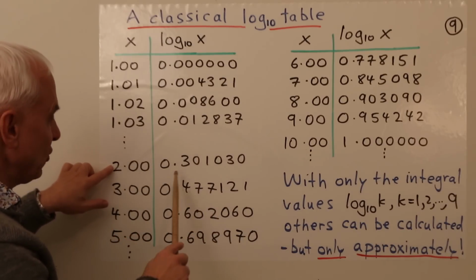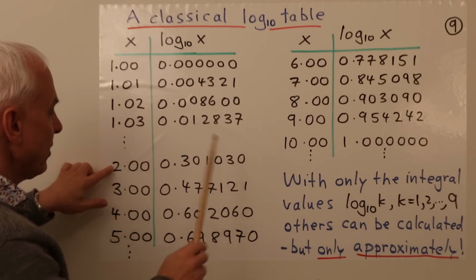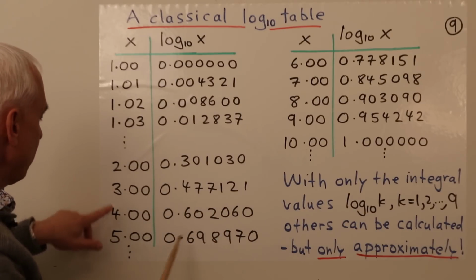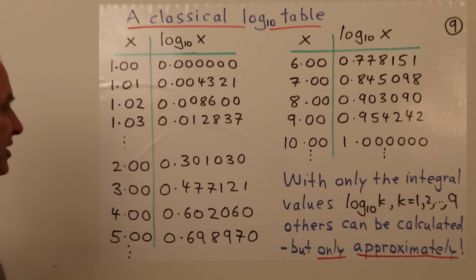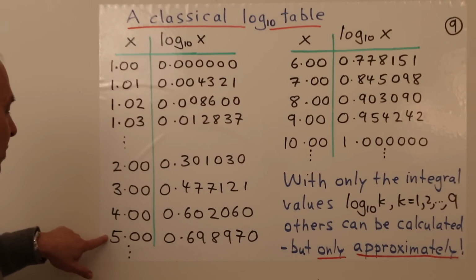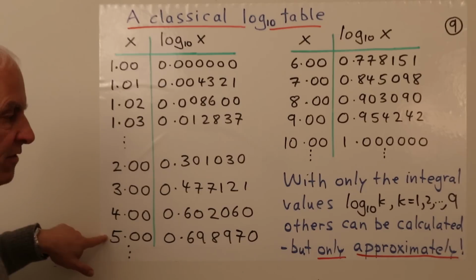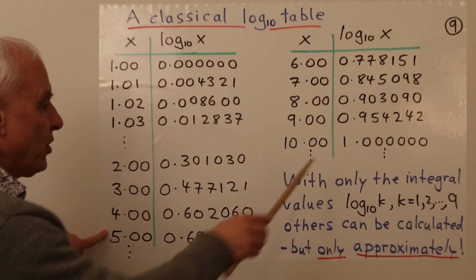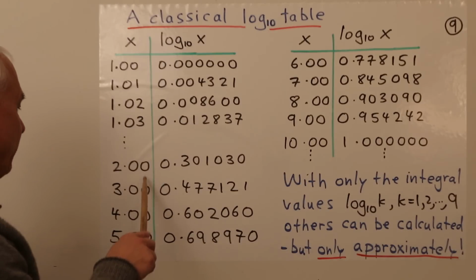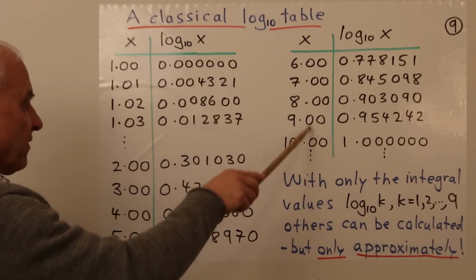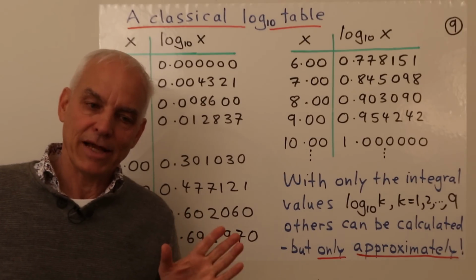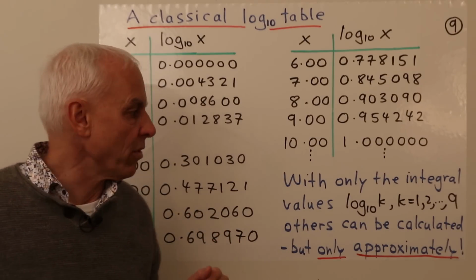Log to the base 10 of 2 is 0.30103. Log to the base 10 of 3 is 0.47712. These things have nice relations. For example, the log to the base 10 of 2 plus the log to the base 10 of 5. If you add these two, you're going to get 1, because that's the basic law. So it turns out that if you memorize just these 10 or 9 values, you can actually calculate logs without too much work.